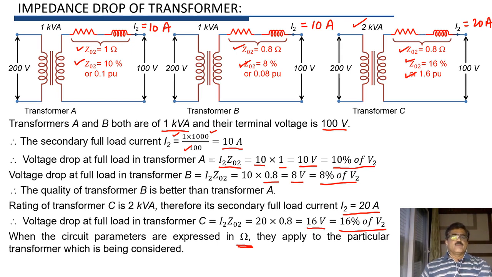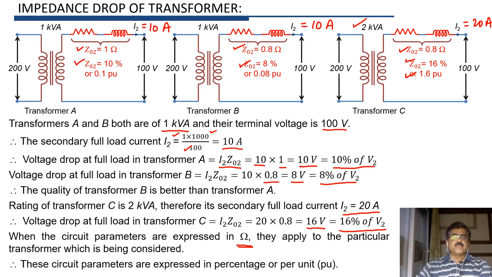Means we cannot judge the performance directly by comparing the ohmic values of two transformers, because the ohmic value applies to that particular transformer only. Therefore, in practice all these circuit parameters, that is resistance, reactance and impedance, are expressed in percentage or in per unit.